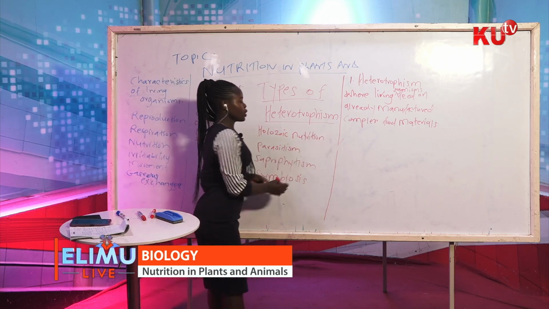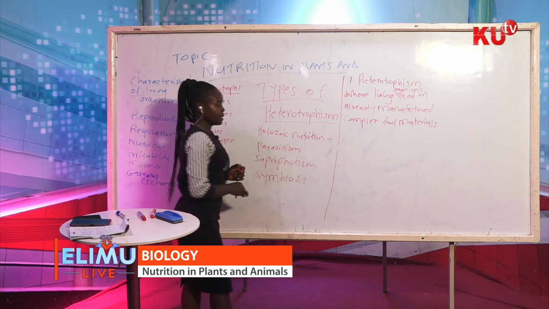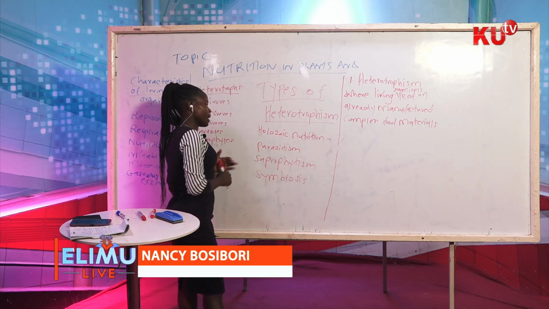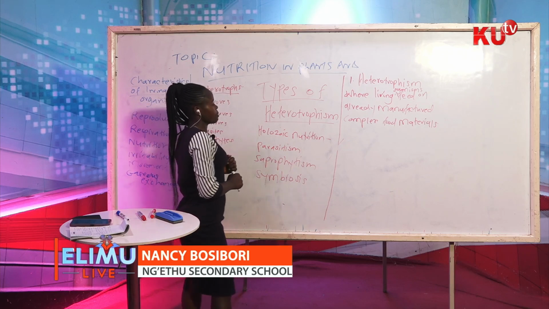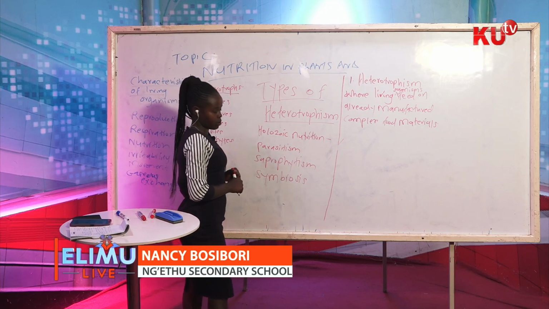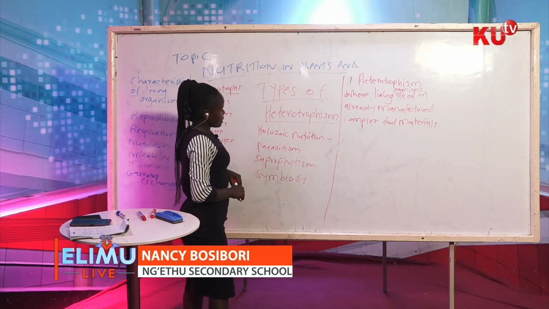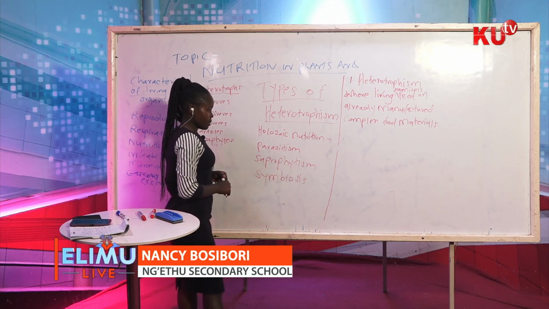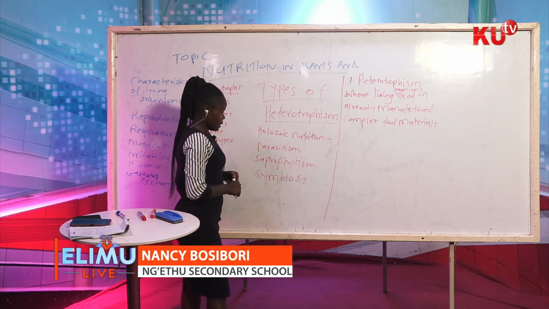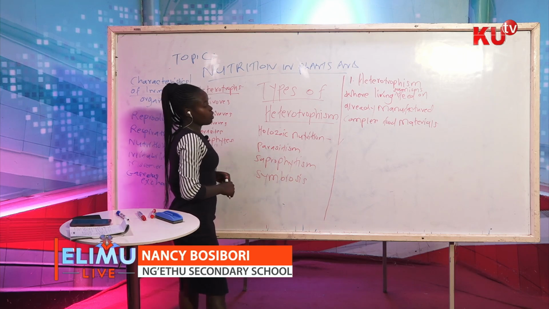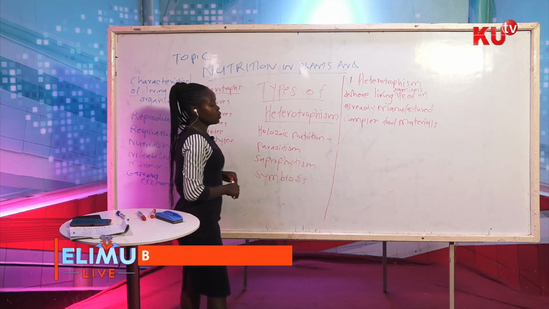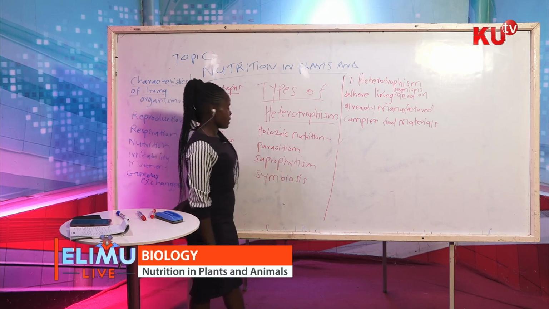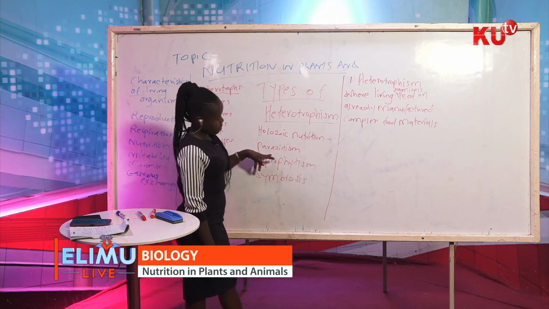While in parasitism, one of the organisms, that is the parasite, feeds on or obtains nutrients from the tissues of another living organism, which is the host.